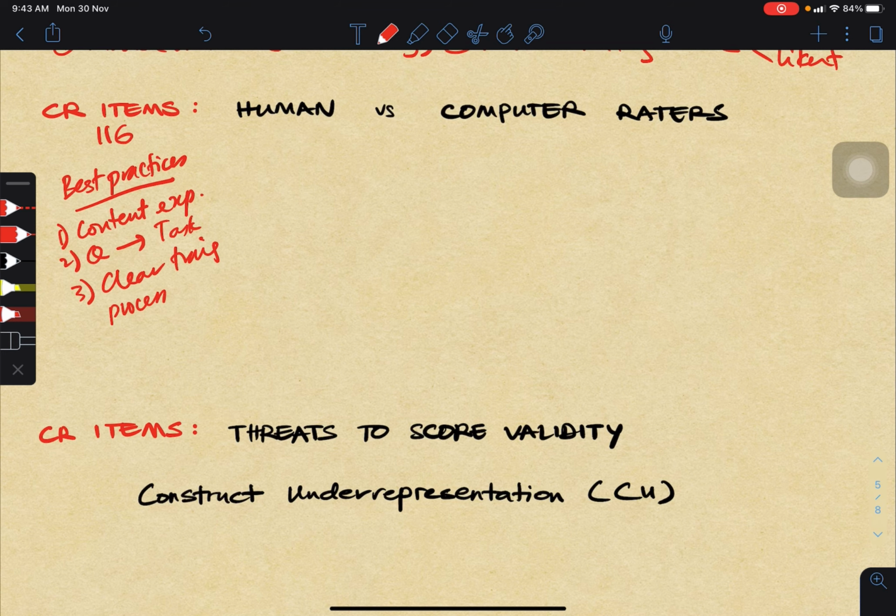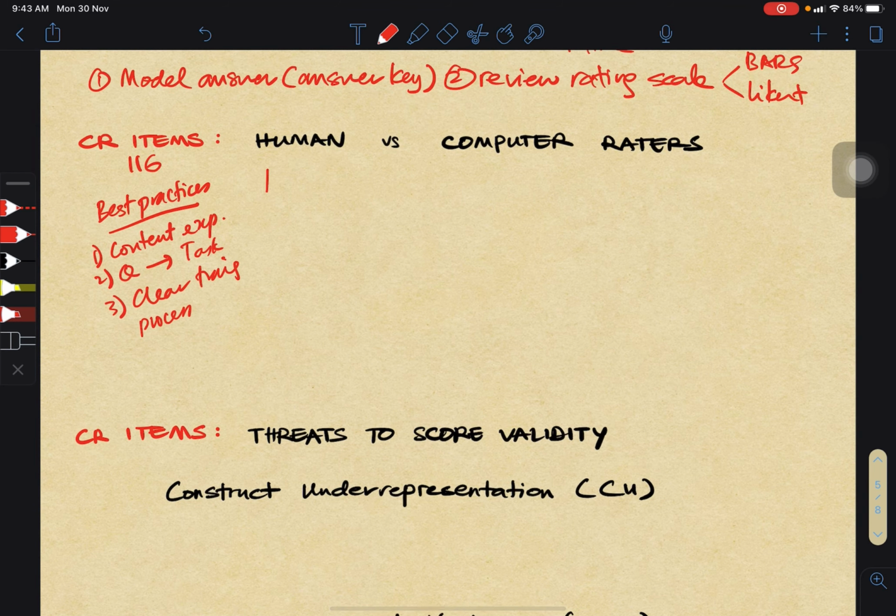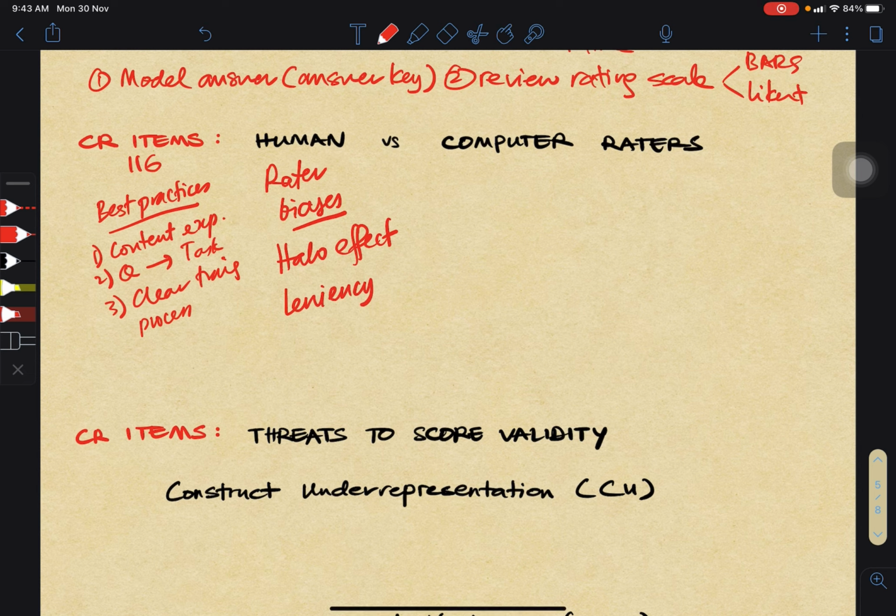Okay, and he also talks about rater biases, and this is not just for essay exams, it's any examinations which require observers, human judges. So things like halo effect, it's mentioned there, leniency versus severity bias, what is that?